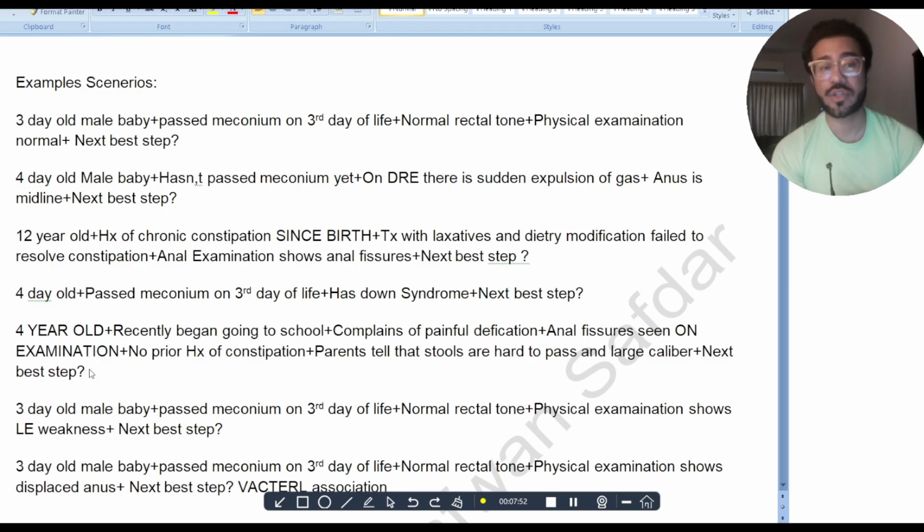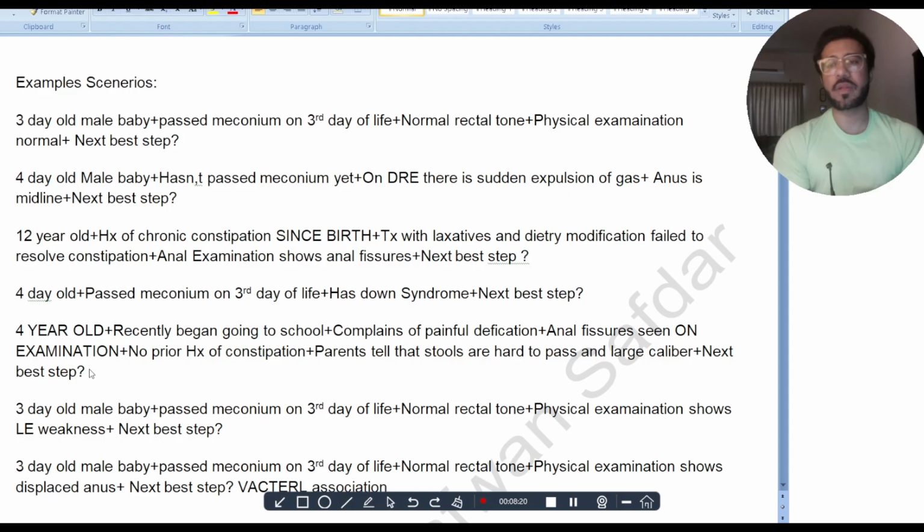So children are really shy in using different bathrooms in the school, they are used to and more comfortable with the toilet training they have at the home. So when the bathroom or the environment changes, they prefer to hold the stool instead of passing it. That results in constipation. So the next best step would be toilet training or add laxatives or dietary modification.